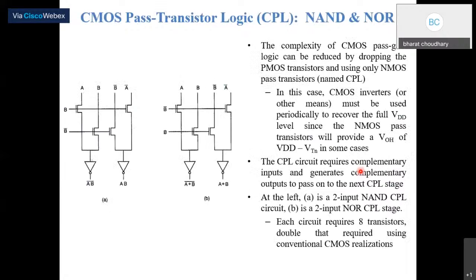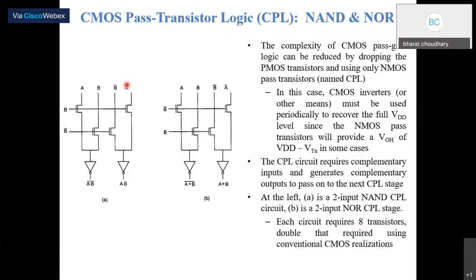Now for CMOS pass transistor logic, as we already discussed, here we are applying the variable inputs at the gate terminals as well as at the source and drain terminals. Now if A is applied at the source terminal of the NMOS transistor, and A and B pass through this and it will be inverted, then we get A into B bar.